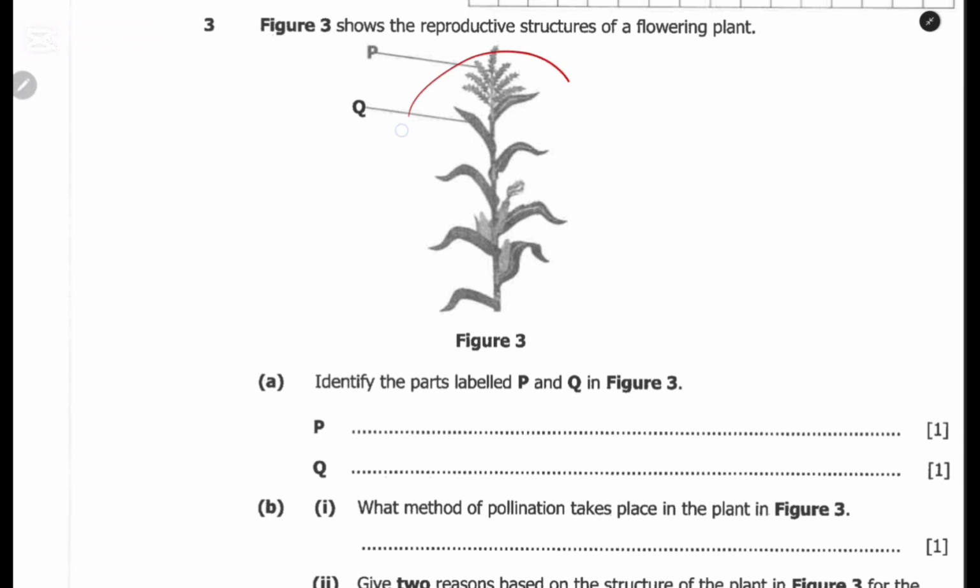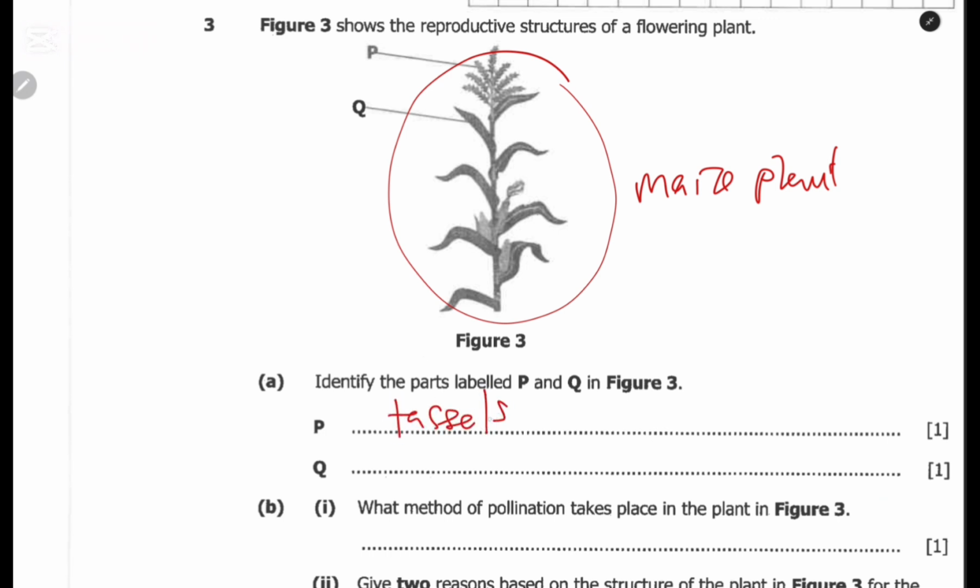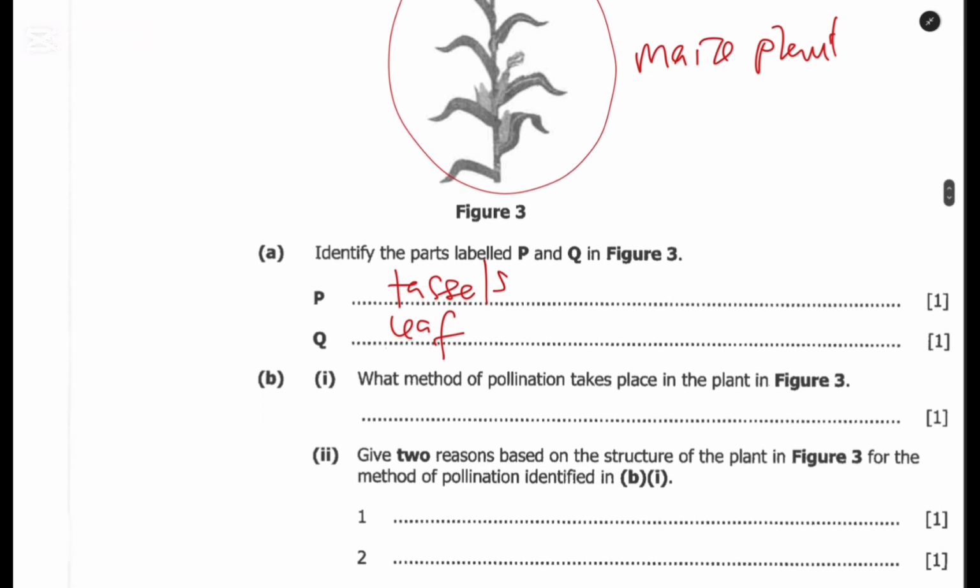Now to identify, this is a maize plant. So the end part there, P, are called tassels. Then Q is the leaf. And I guess this one was just for free. Everyone got it right.